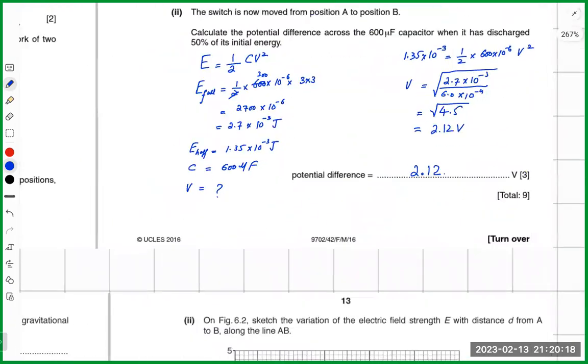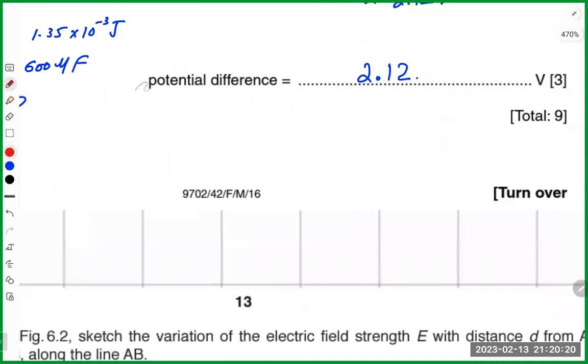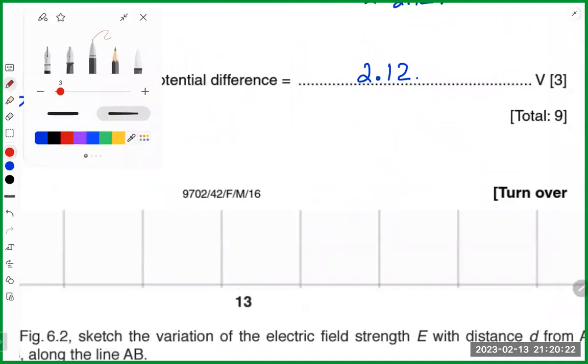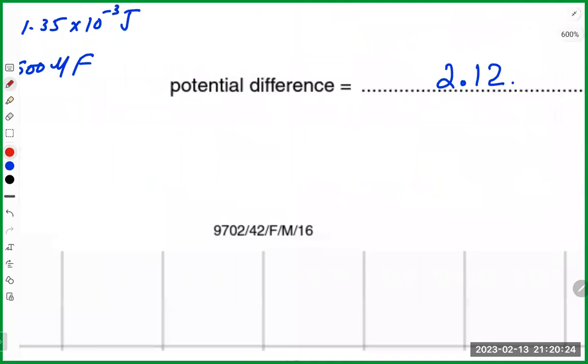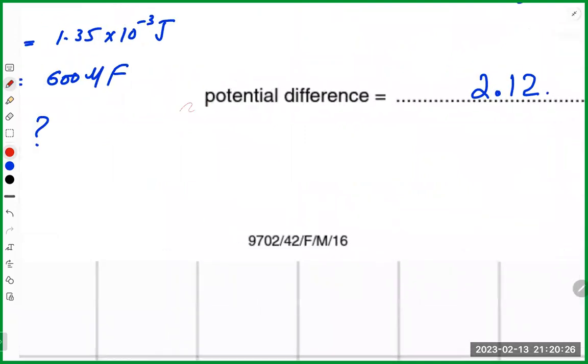If you don't want to do it the mathematical way, the alternate method is: E is directly proportional to V square.